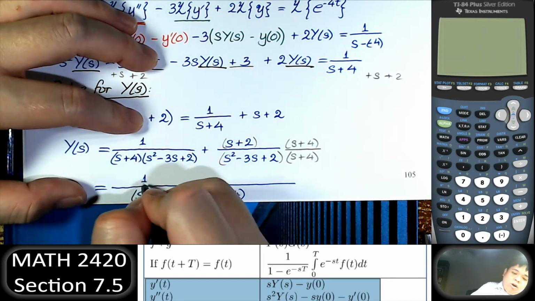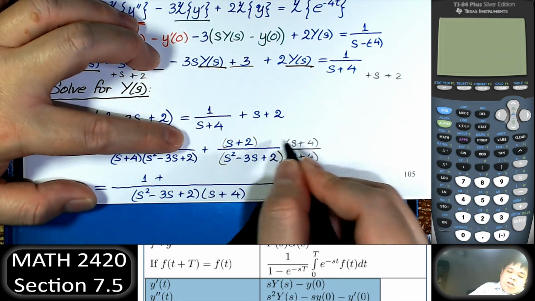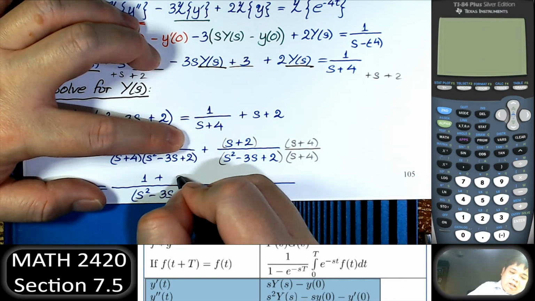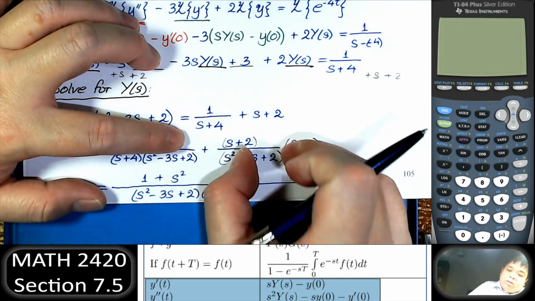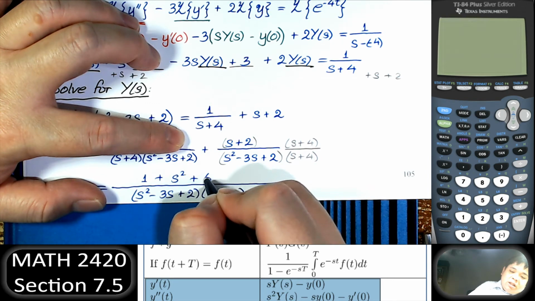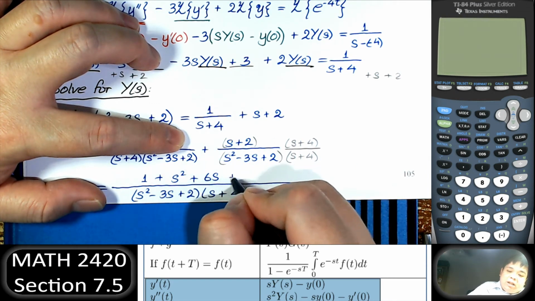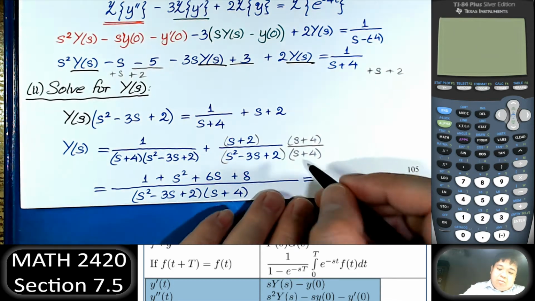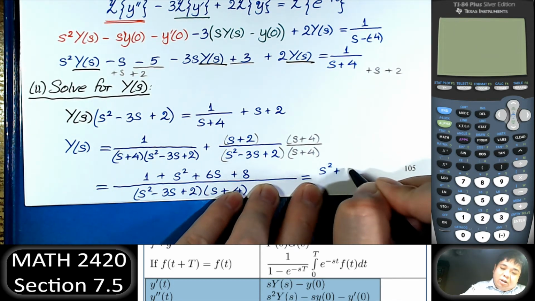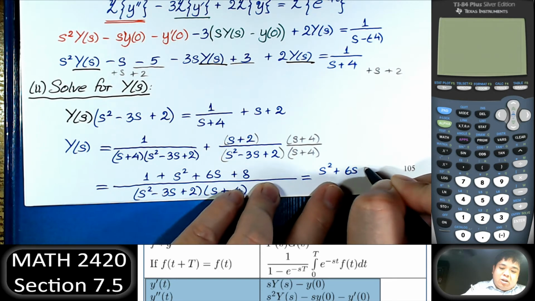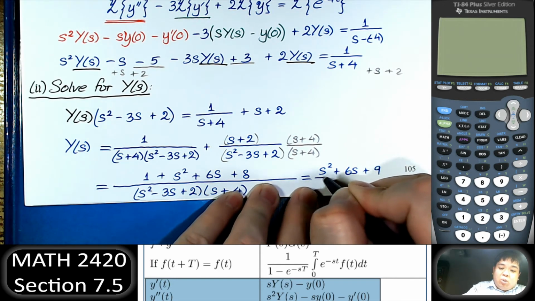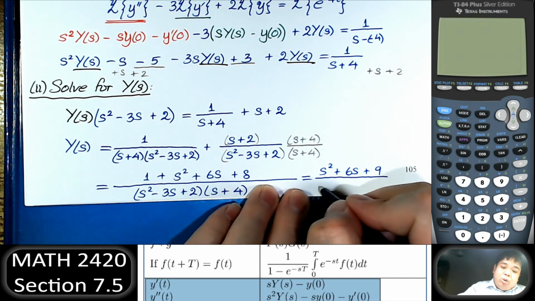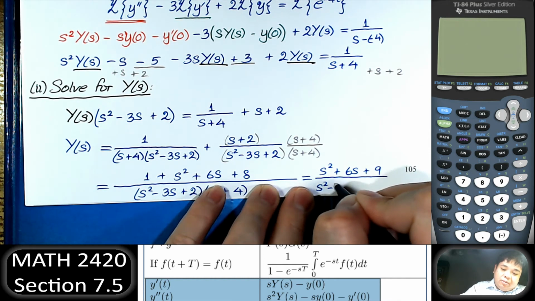Then we have 1 plus s plus 2 times s plus 4, which is s squared plus 4s plus 2s plus 8. So combining the top, we have s squared plus 6s plus 9. Even though we can factor this, we don't, because what we do next is partial fractions.